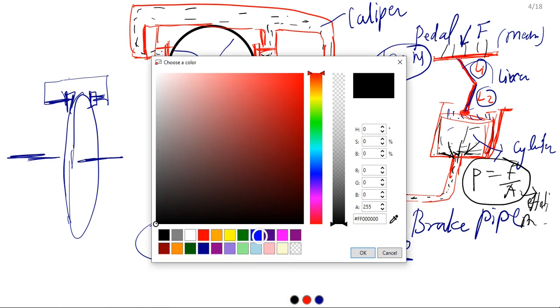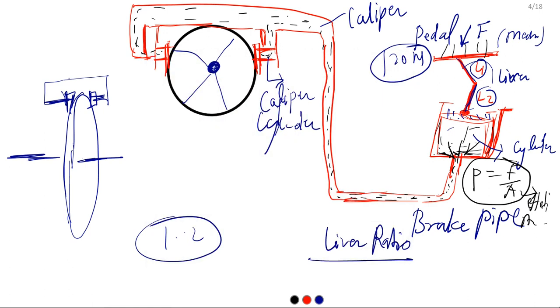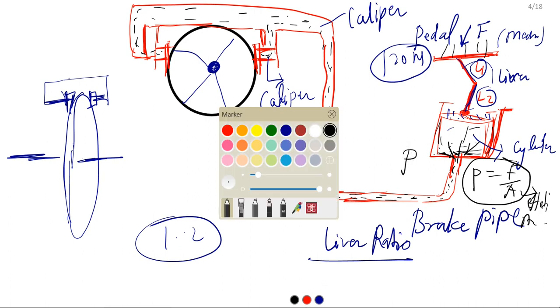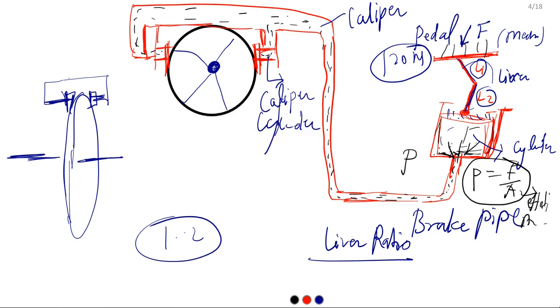By the way, I would like to tell you about the pressure at this point. The pressure at the cylinder, P cylinder, is equal to P caliper.